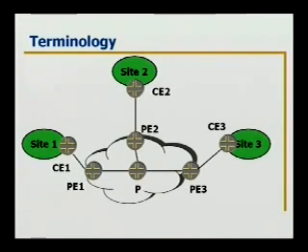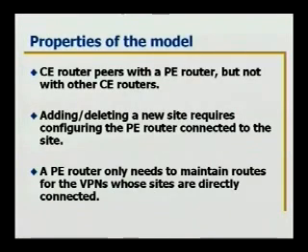So we have CE routers peering with PE routers, and they don't peer with other CE routers. And when adding or deleting a site, all it means is we need to configure the PE router connected to the site.